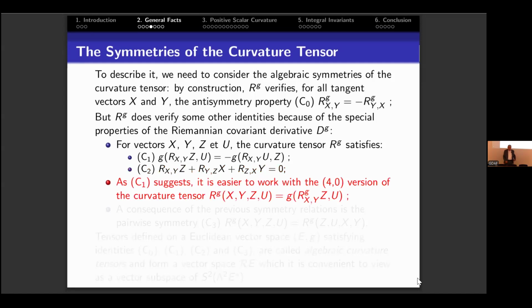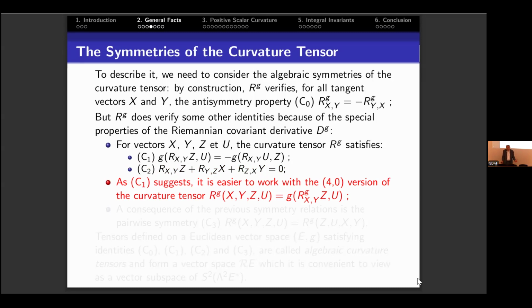Then it's very natural to work not with the so-called 3-1 version of the Riemann curvature tensor, that is 3 times covariant, 1 time contravariant. It's nicer to look at the completely covariant version. In terms of indices, it means you lower the last index by using the metric.